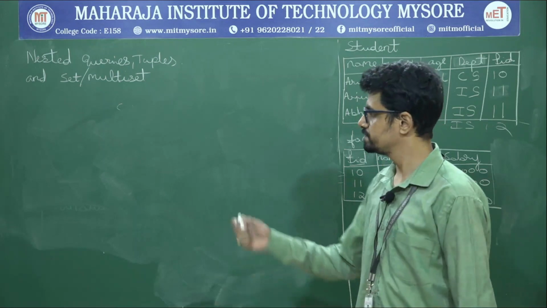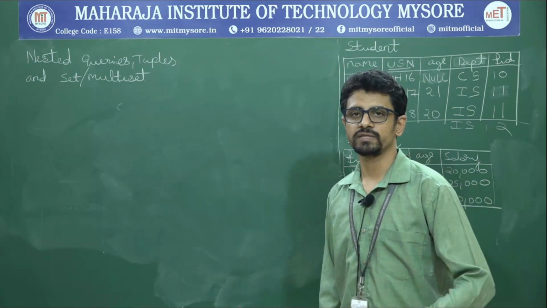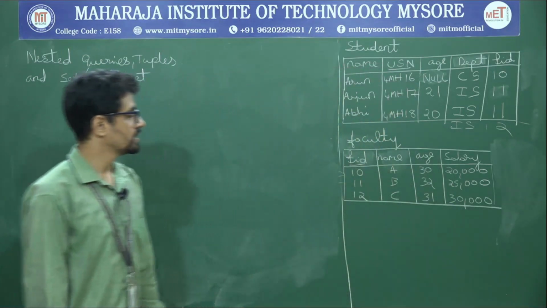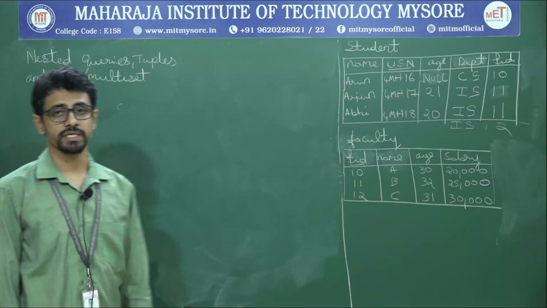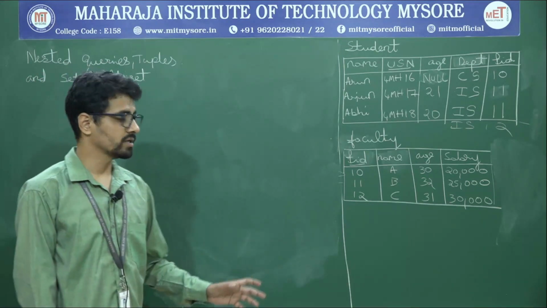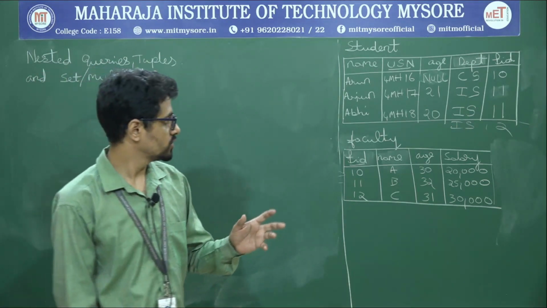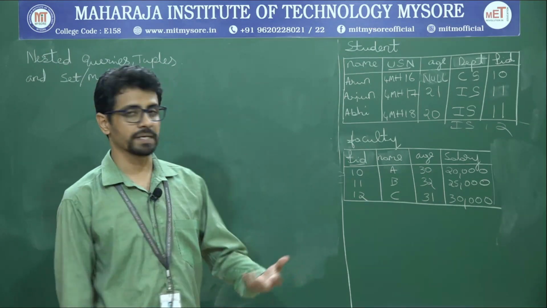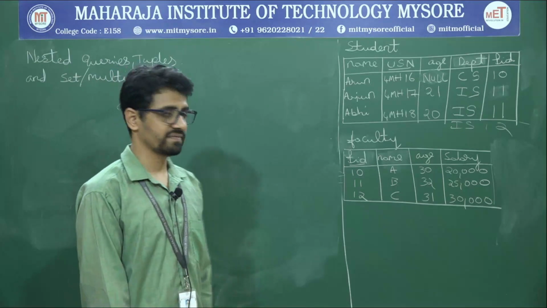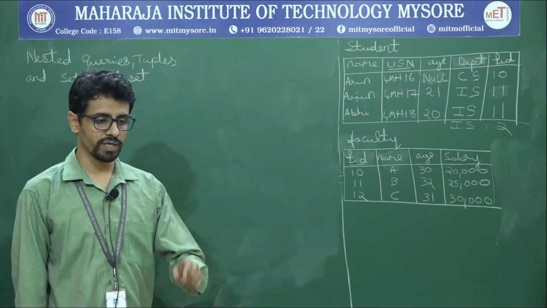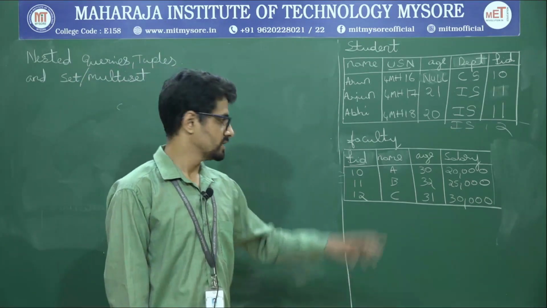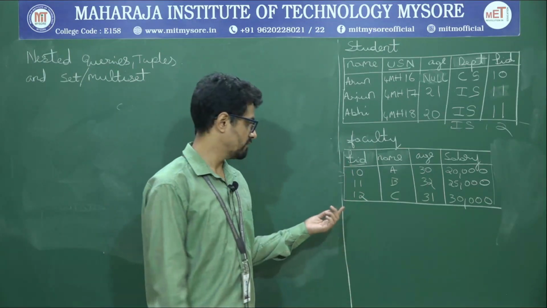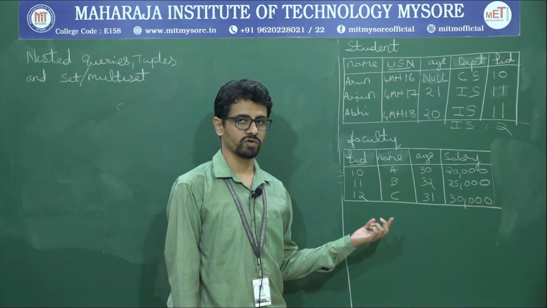An example for using the case of greater than, lesser than. Say for example, if I ask you to display the names of faculties who take a salary which is more than the CS department. So I am asking a query on the same table itself. The salary is in the faculty table and there are 3 faculties working here, and I want to know how many are working for IS and how many are working for CS.